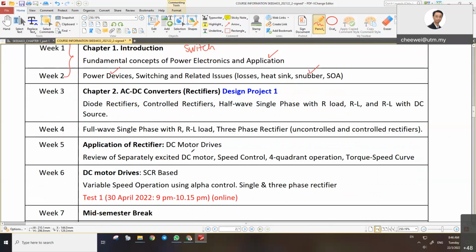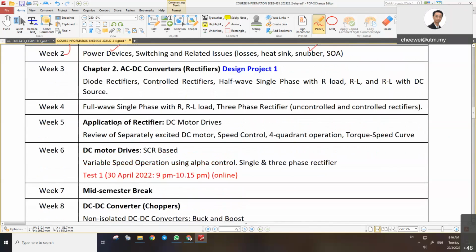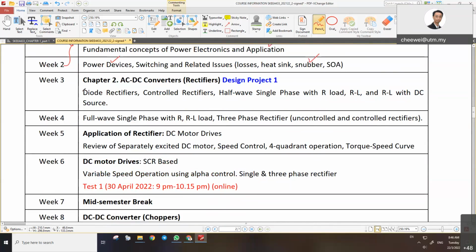So for chapter 2, for how many weeks? Oh, seems to be very long. Okay, chapter 2 is a lot. Here, chapter 2 is 1, 2, 3, 4 weeks. A very long chapter.